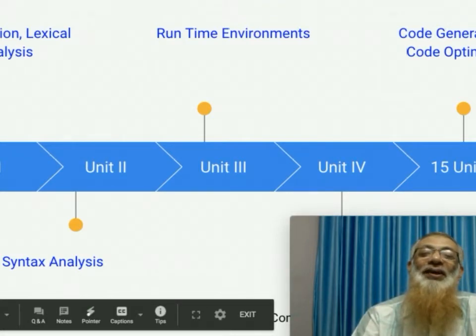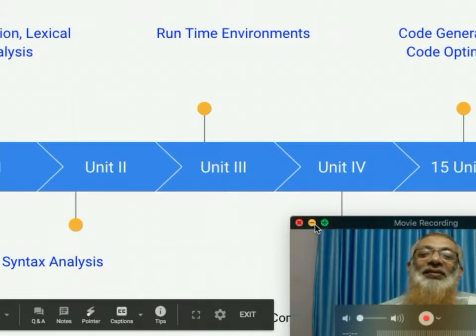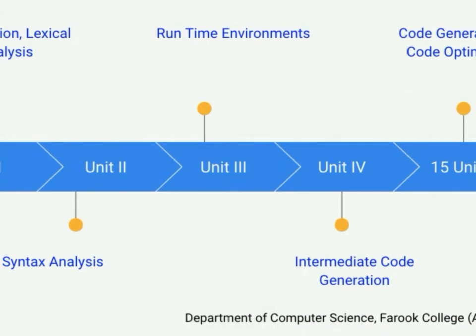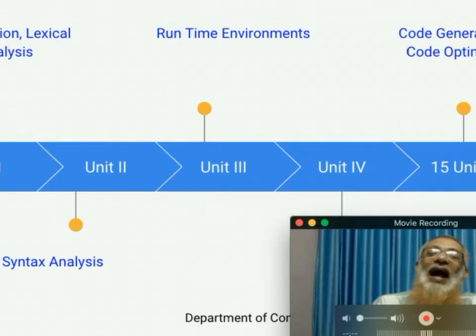In Unit 3, runtime environments is being discussed. In Unit 4, intermediate code generation will be discussed. And in the fifth unit, we have code generation and code optimization phases of the compiler. Hence, all these 5 modules taken together will give us a brisk walkthrough of compiler design.